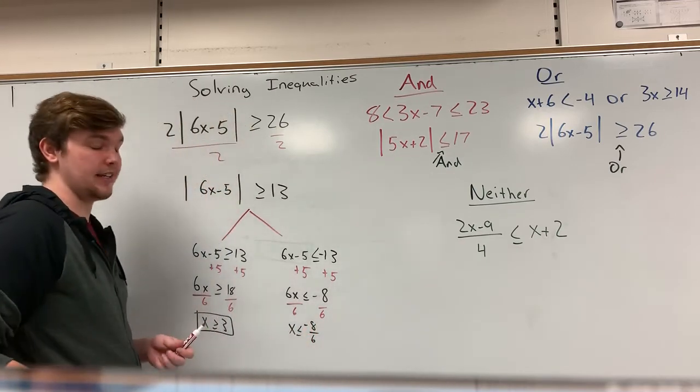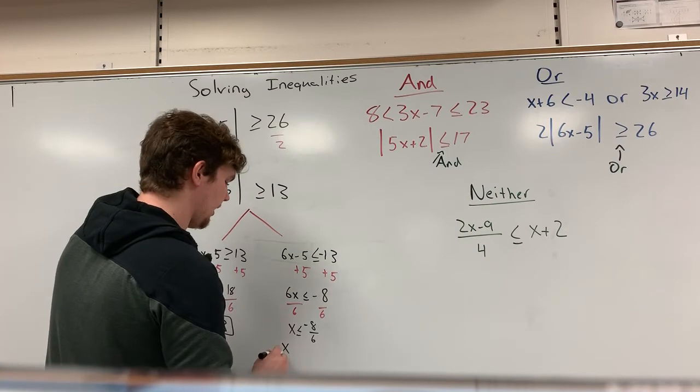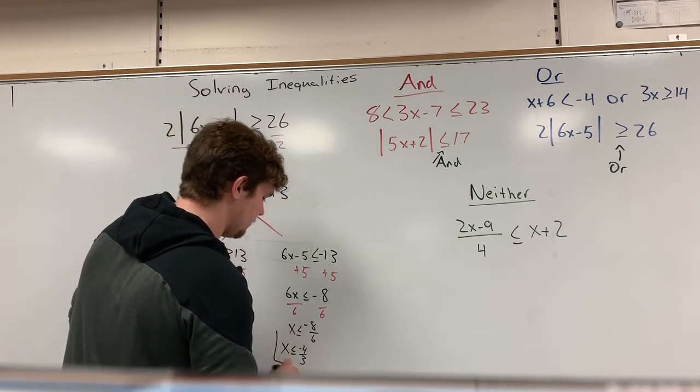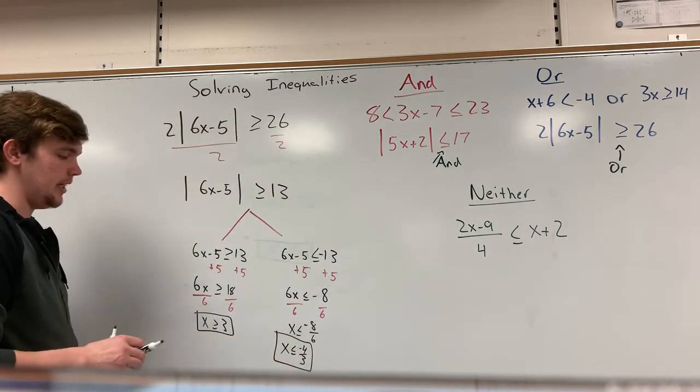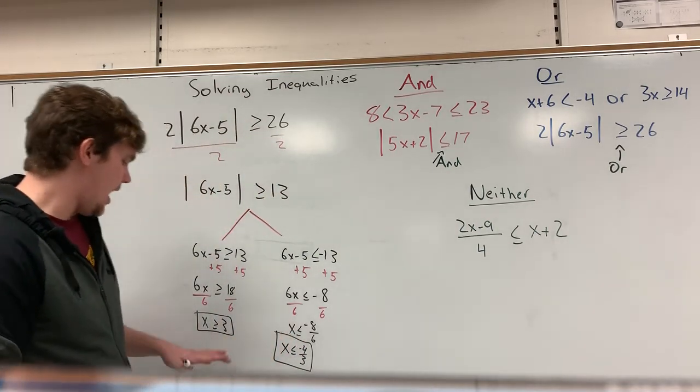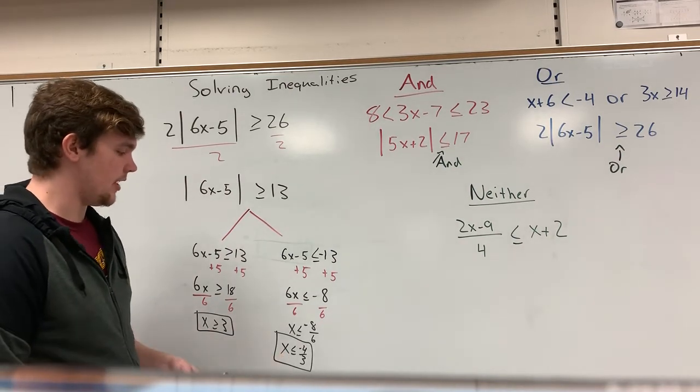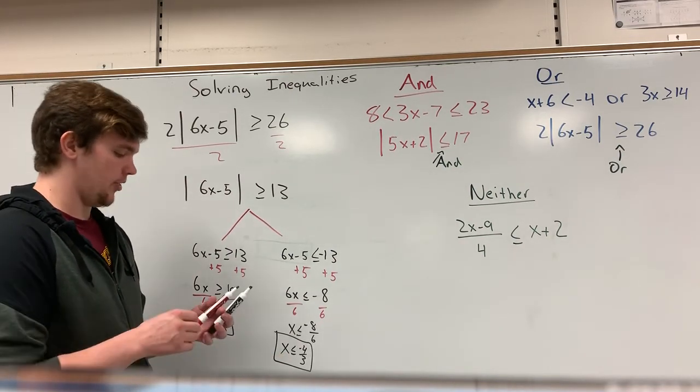Reducing that fraction, I get x less than or equal to negative 4/3. So I really have 2 different answers here: x is greater than or equal to 3, or x is less than or equal to negative 4/3.